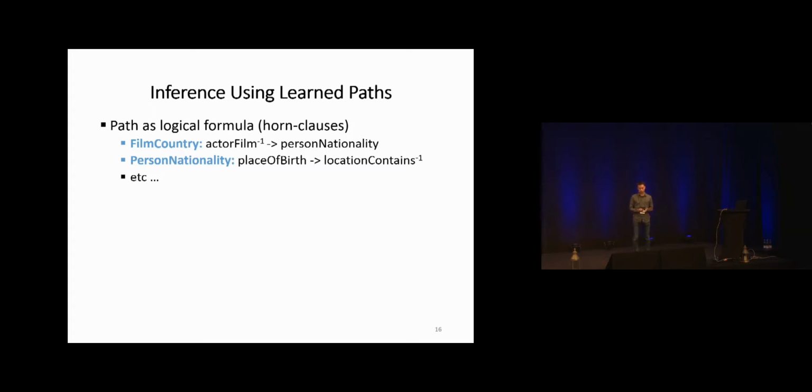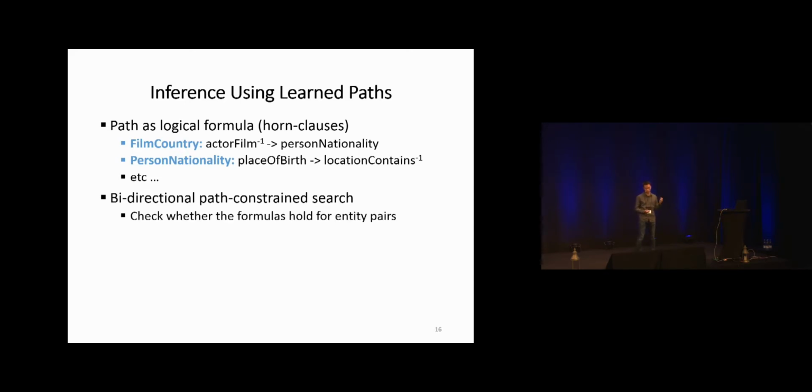To verify this kind of reasoning path in the graph between a task entity pair, we use a bidirectional path-constrained search. The motivation is that if we go from only one direction, from the head entity to the tail entity following this reasoning path, it is highly possible that at some intermediate point of this path we encounter supernodes which have a large number of linking nodes. If we want to keep following this path, we need to enumerate all the paths following all these links.